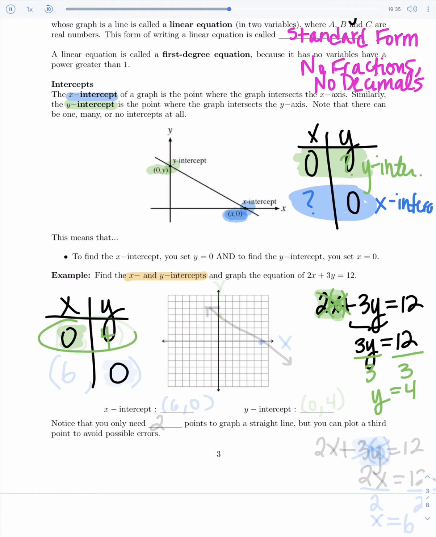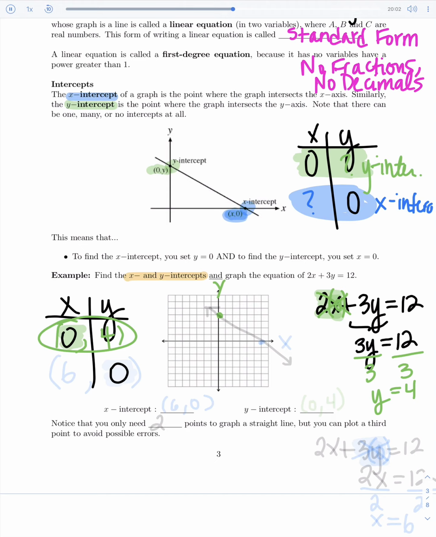So we can plot that as the point 0, 4, which means we'd be going up 4, but not left or right, because there is no x value. Notice, this is where students get confused. This is a point; we plugged in 0 for x and got out a y value. That means we're actually intersecting the y-axis, so what we just found is called the y-intercept.